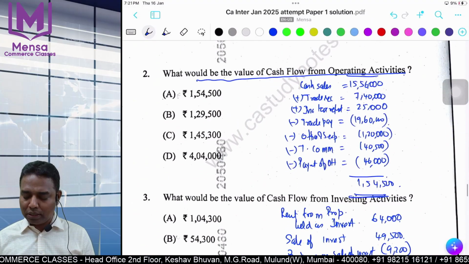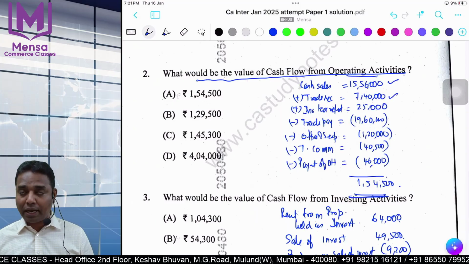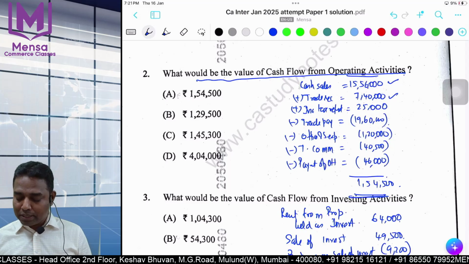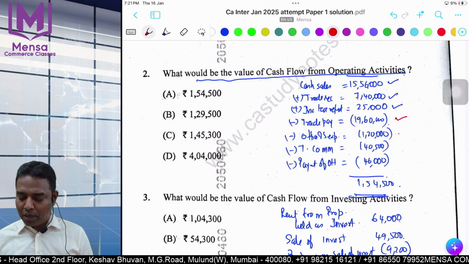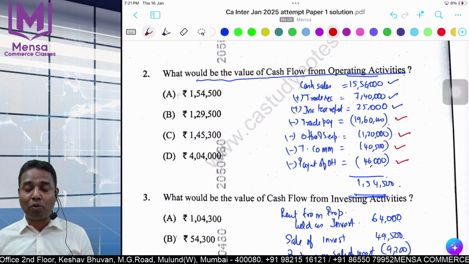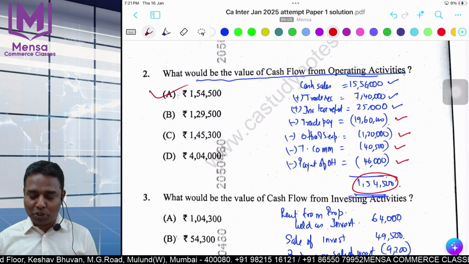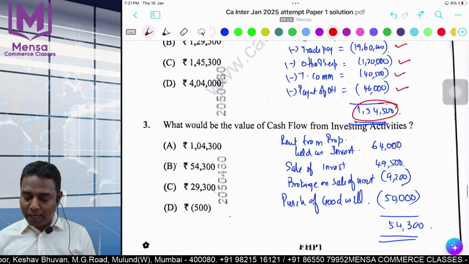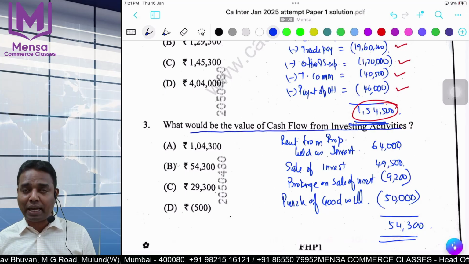If you see here, cash sales inflow is there, trade receivable amount plus the tax refund, minus we have done the trade payable, office and other selling expenses, trade commission, payment of overheads. The amount should come to 1,54,500, which is your option number A. The next part is what would be the value of cash flow from investing activities?